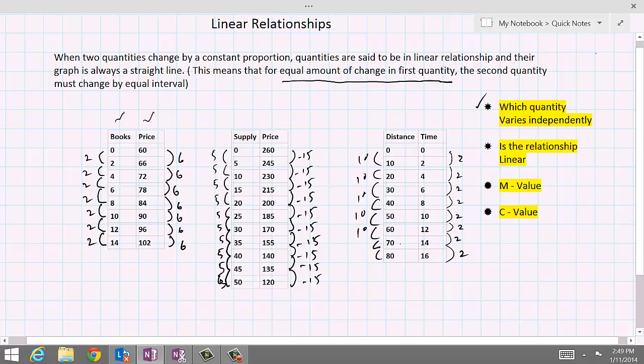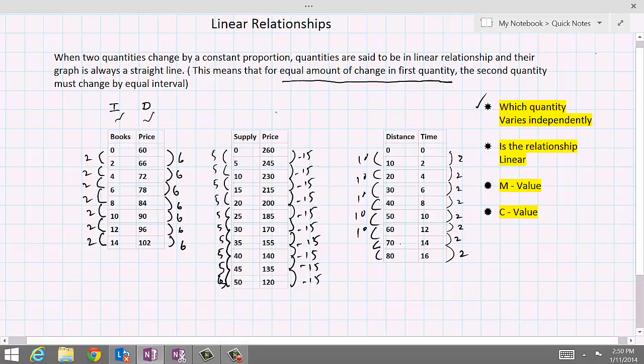Therefore, we say that the number of books is a quantity which varies independently, because that's up to us how many books we want to print. But the price depends upon the number of books that are to be printed. Therefore, this is labeled as dependent and the number of books is labeled as independent.